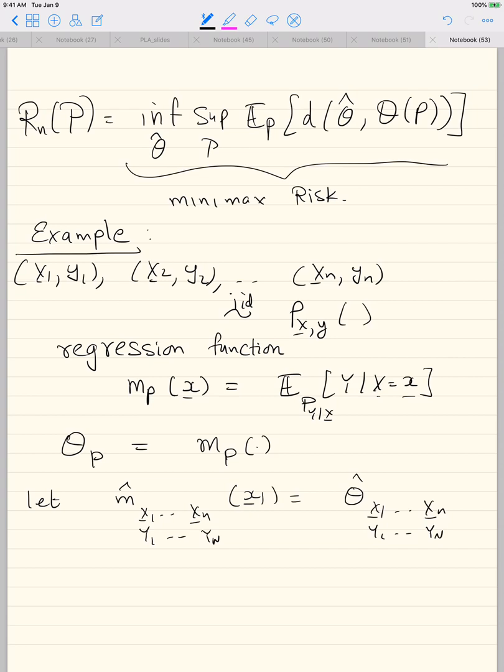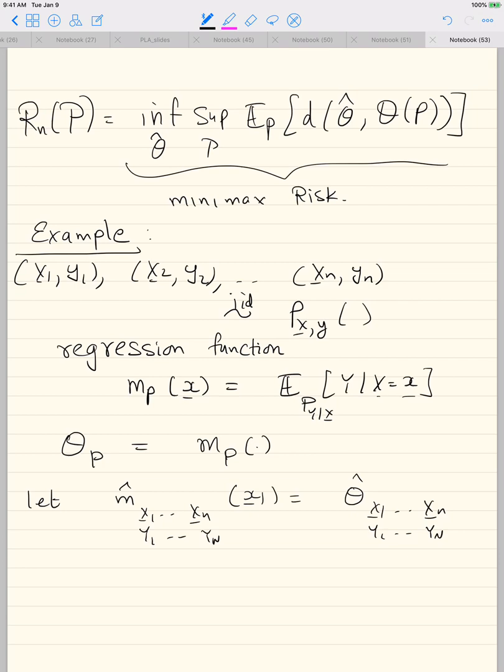Given an x, I can provide an estimate for what y will be using, say, linear regression or any other method. So this is what I can compute, and this is my ground truth function, the conditional mean.